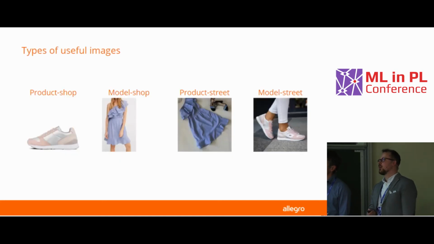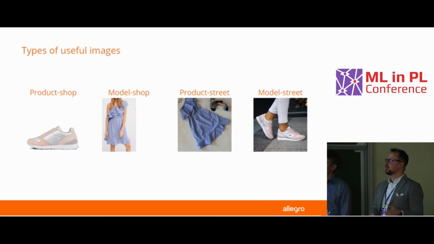What can we do? We could try to somehow clean our data set, and we can find 8 distinct categories within our images. 4 of them are quite useful for us. The first 2 are on a white or a solid background, which are more shop images, and we have the product on its own or a model wearing the product.